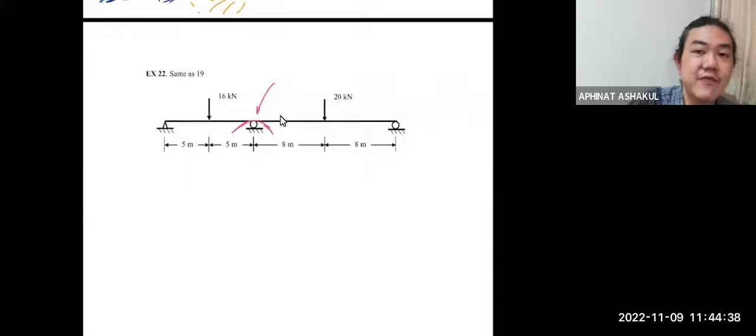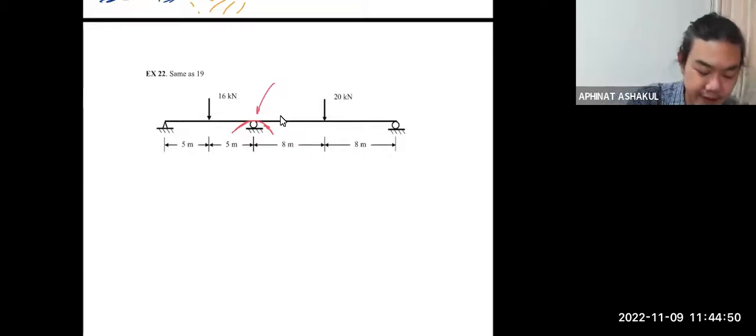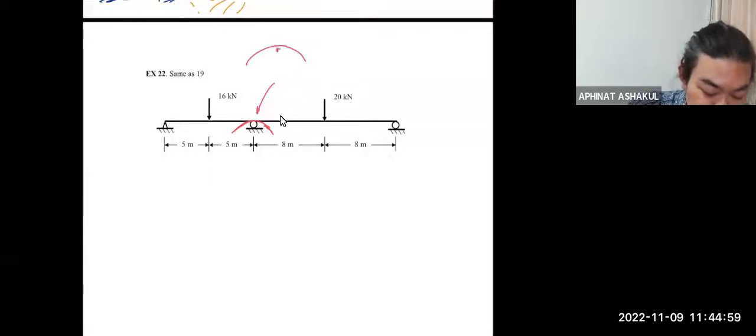You can't have your structure deform otherwise. It's like you put your ruler down and bend it. The only way you can bend is by having a negative curvature. You can't bend it positively because the rigid point is there. That's where the support is. Correct?